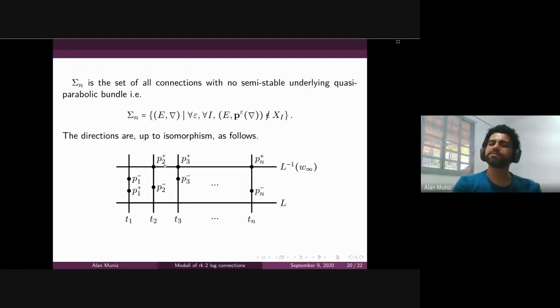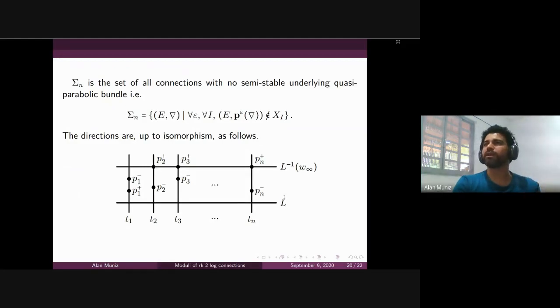Since this configuration is very well established, this difference will be a regular, holomorphic Higgs field. So we can parameterize this space by Higgs fields, as well as we have fixed L.